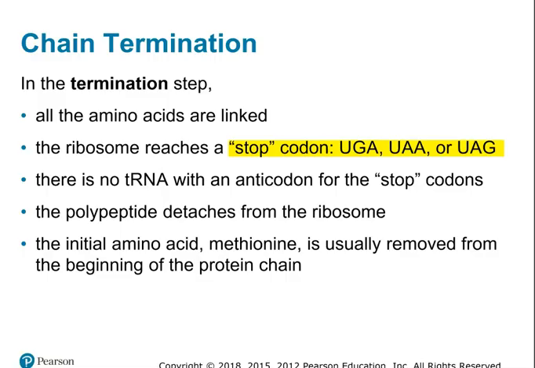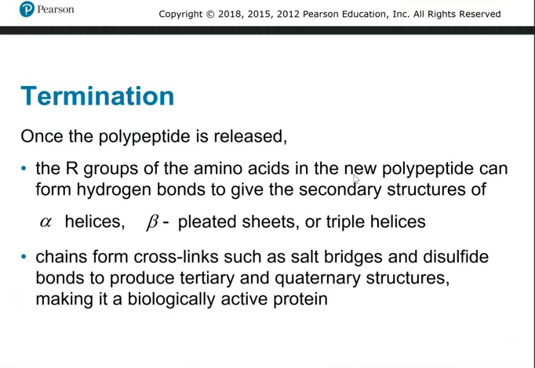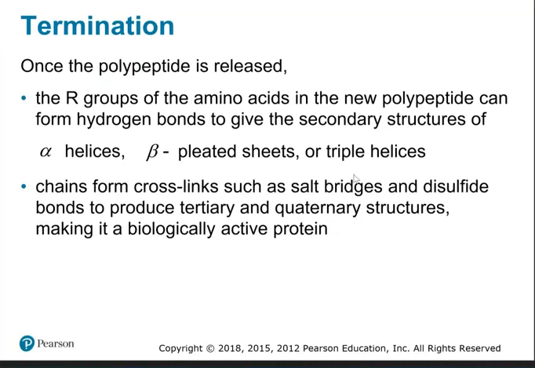Instead of tRNA, there is a so-called release factor that separates the polypeptide and the ribosome and then modifies it somehow. Okay? Does that make sense? So now you have a chain of amino acids.